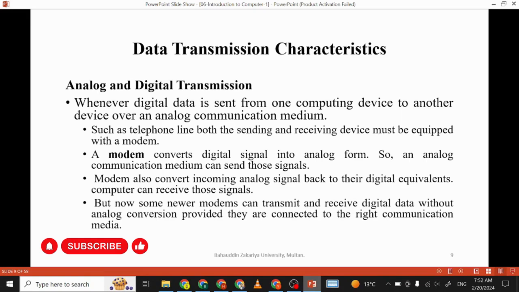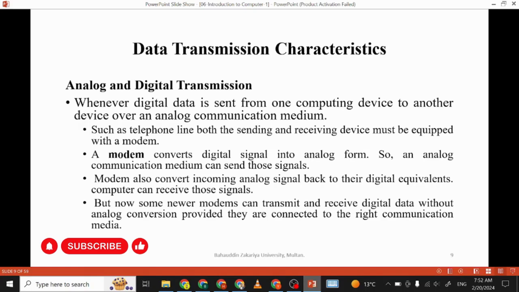Whenever digital data is sent from one computing device to another over an analog communication medium, such as a telephone line, the sending and receiving devices must be equipped with a modem.